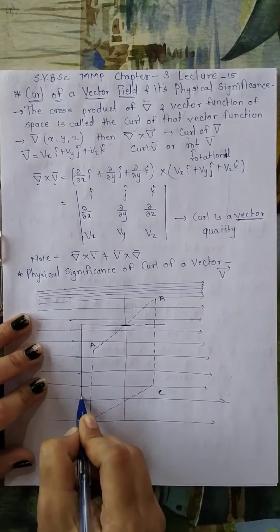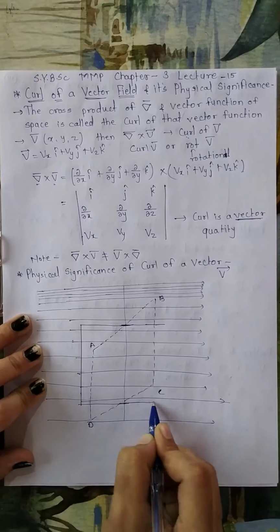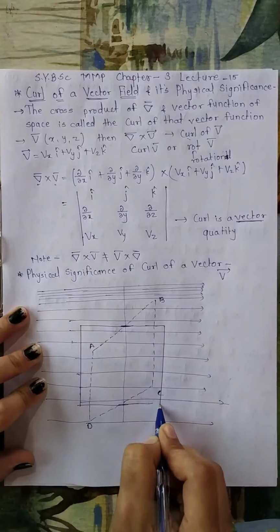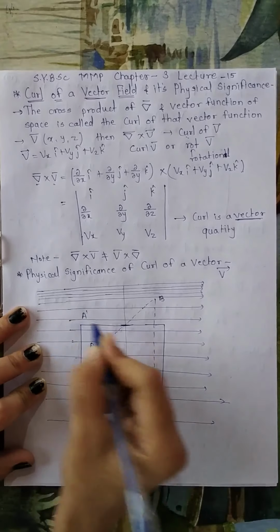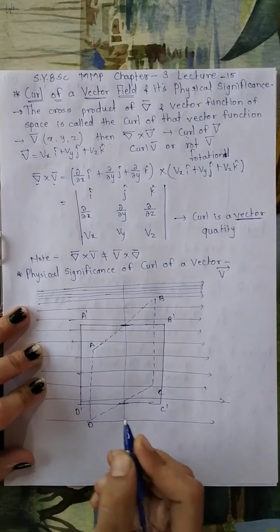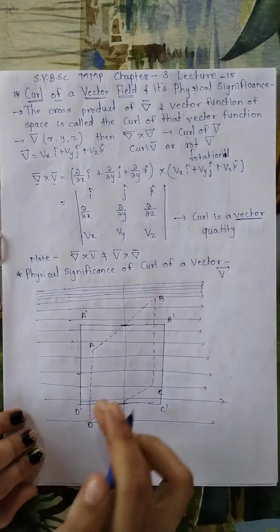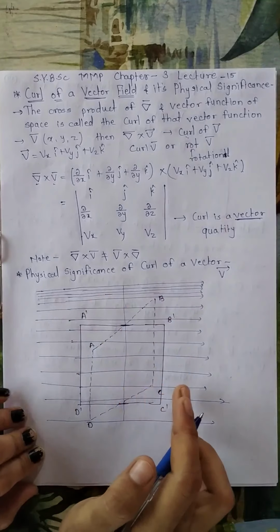Now if boundaries are parallel, then the line integral over the boundary of this rectangle, A dash, B dash, C dash and D dash, will not be equal to 0.